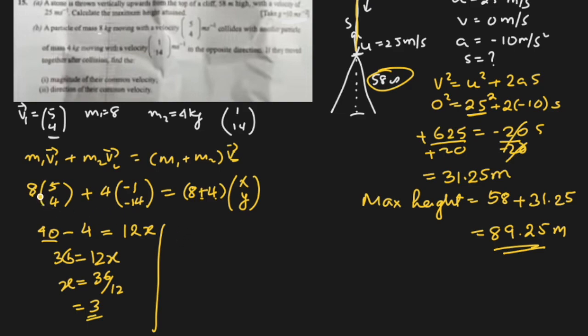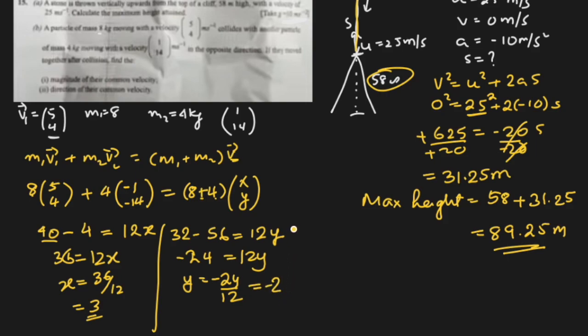Let's compare the y components. 8 times 4 is 32, minus 4 times 14 is 56, equals 12y. So minus 24 equals 12y. So y equals minus 24 over 12, which is minus 2.